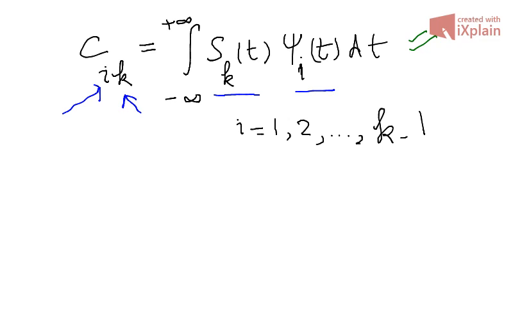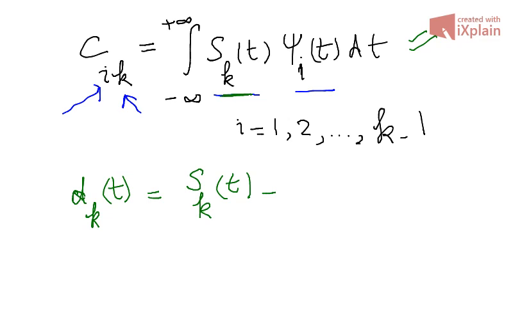We can also write the generalized expression for dk of t. When we select a kth signal from the set, we subtract all the projections from this signal to find dk of t.